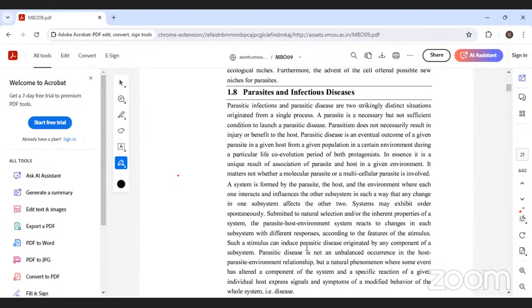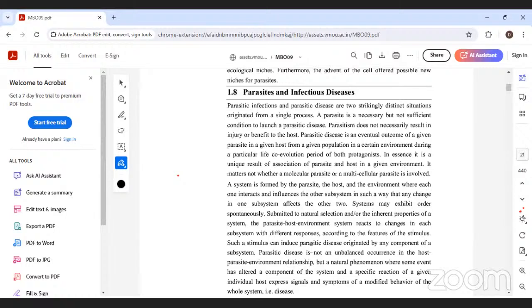Next, parasitic infection diseases. Two distinct situations originate from a single process. A parasite is a necessary but not sufficient condition to launch a parasitic disease.